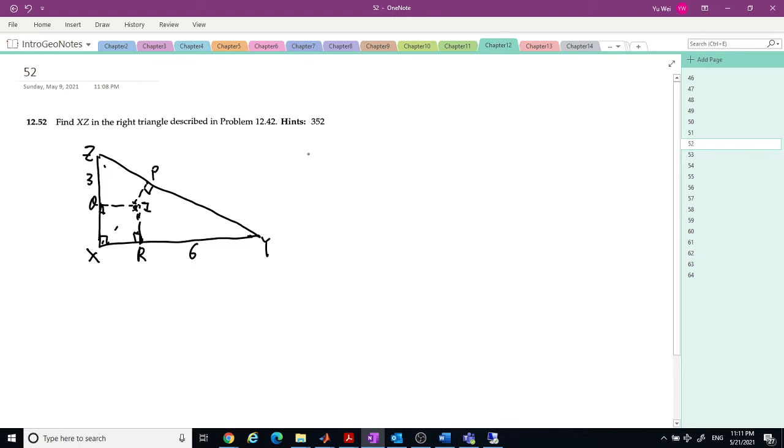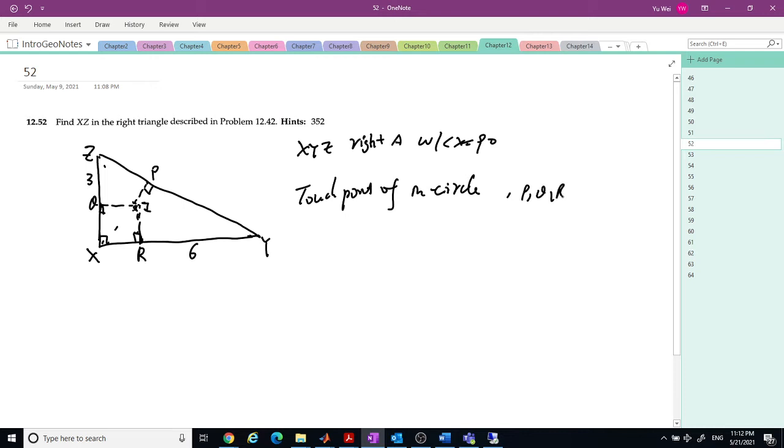So we know the triangle XYZ is a right triangle with angle X equal to 90 degrees, and the touch points of the incircle at P, Q, R, and YR is 6 and ZQ is 3.